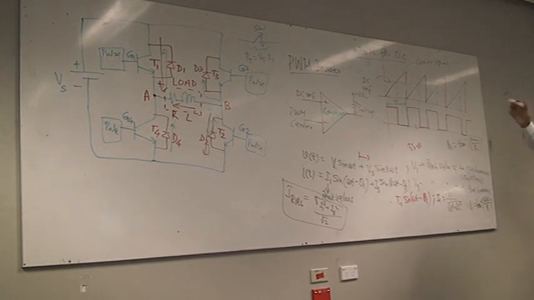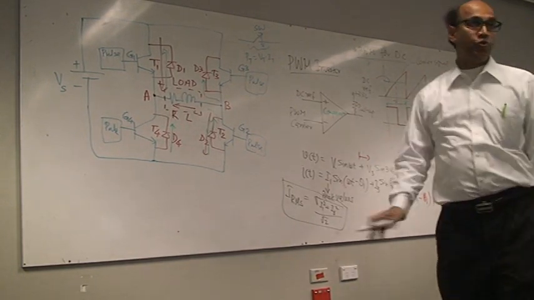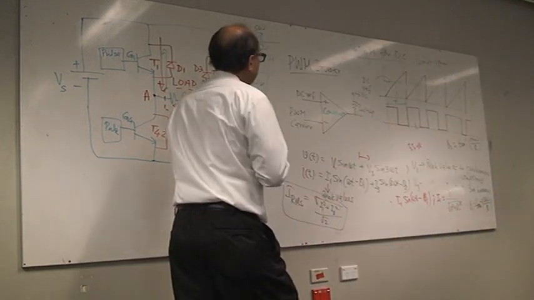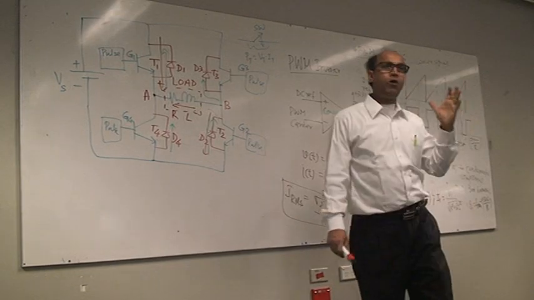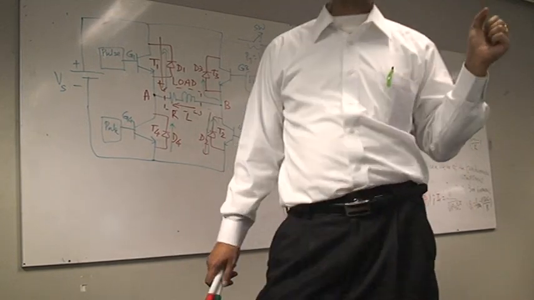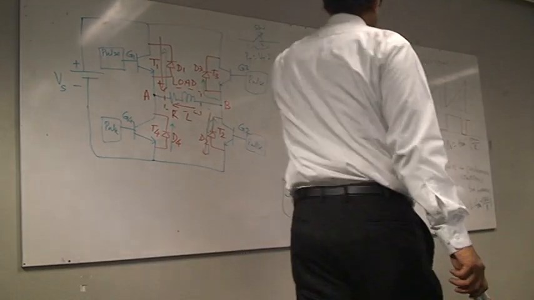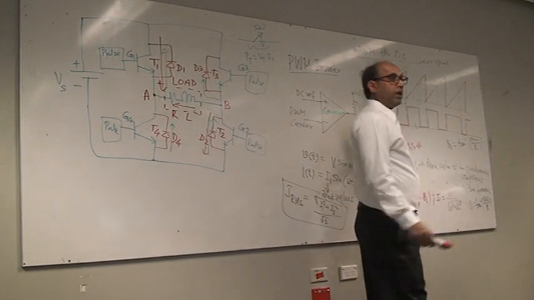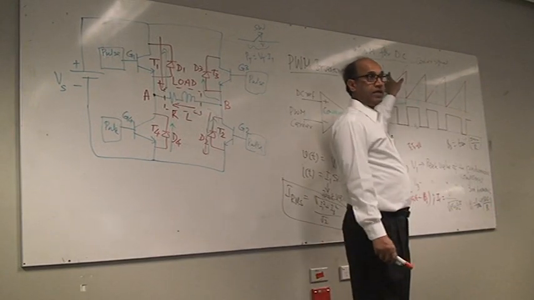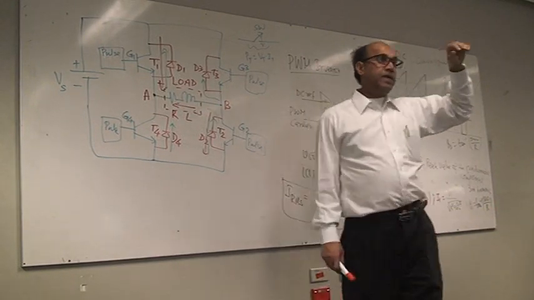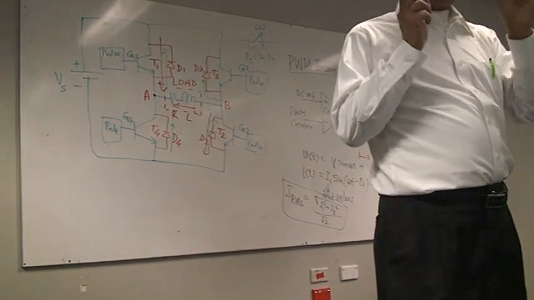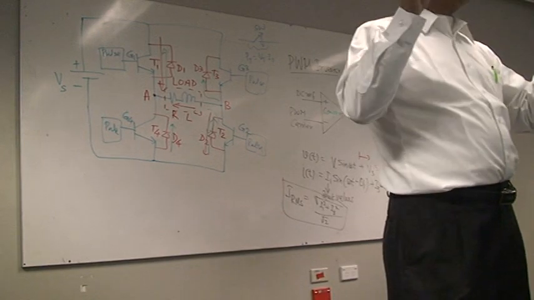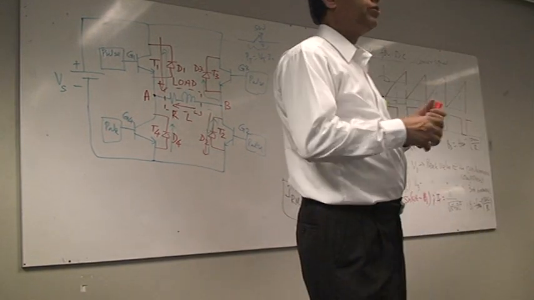So in switch mode power supply, this carrier wave is fixed, because usually switch mode power supplies operate at a fixed frequency. And that reference actually comes from the error amplifier. The error amplifier compares the reference voltage and the feedback voltage from the output, and amplifies it with a gain.